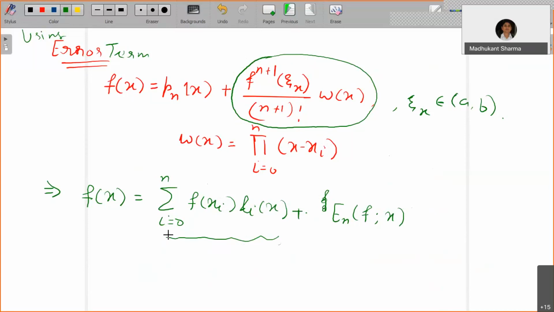Here it's only the dependence of the values of f on xi, on the nodal points. You require differentiability only to achieve the desired accuracy, that is, how many nodal points are required. So this is the idea. There are always some advantages and disadvantages as well; we will come to the disadvantages later.